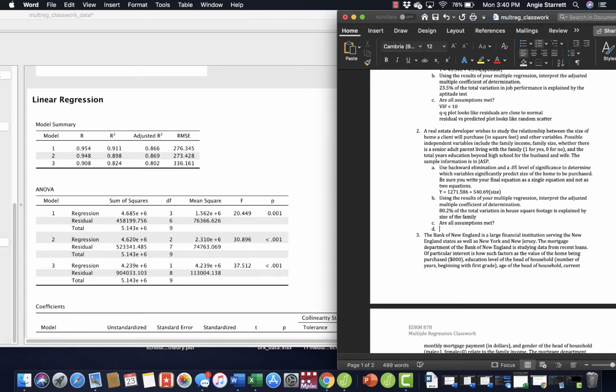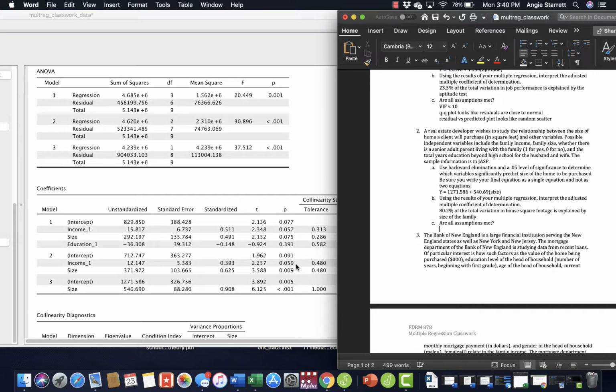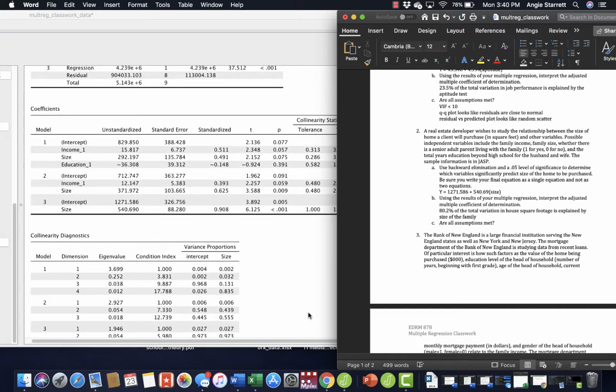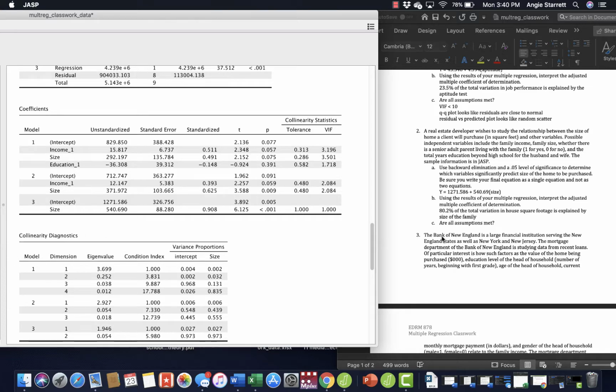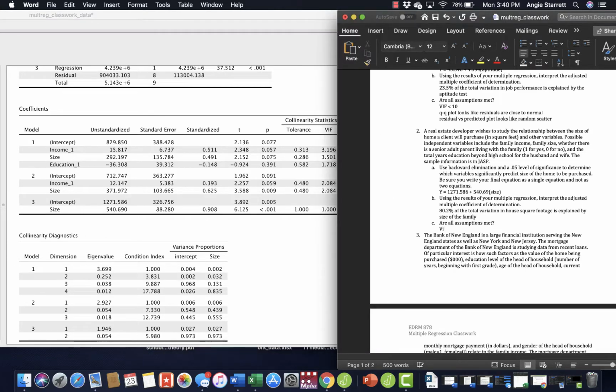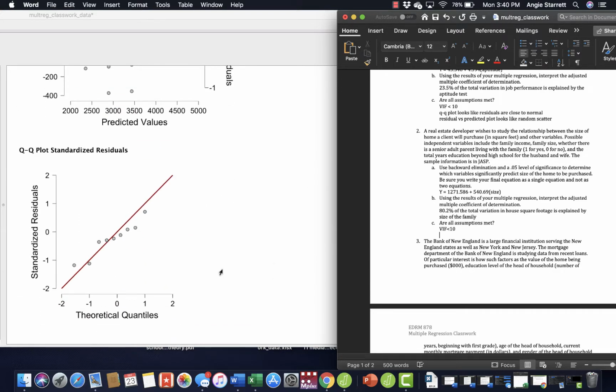All right, are all assumptions met? Let's go back down to size, and we see that our VIF for size is clearly less than 10. Let's go down to our QQ plot. QQ plot implies residuals are normal.